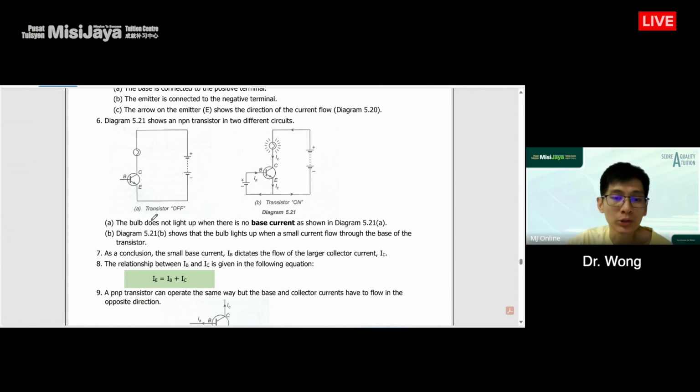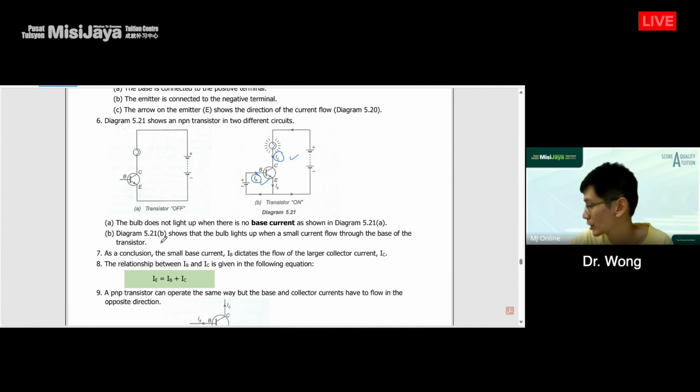The bulb does not light up when there is no base current, as shown in diagram 5.21a. If we do not have any connection at this part, we will not have any IB. This IB must be there, only then do we have IC. So diagram 5.12 shows that the light bulb lights up when a small current flows to the base of the transistor.